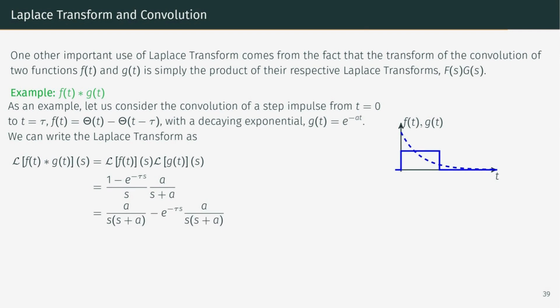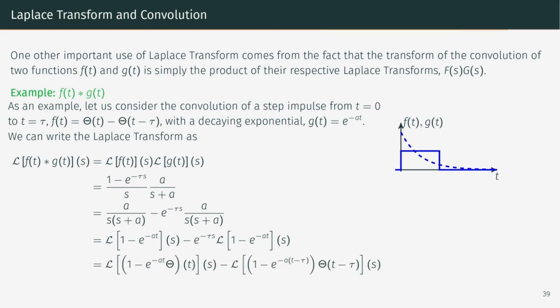And this then equals a over s times s plus a, minus e to the negative tau s times a over s times s plus a, which we can then write as the Laplace transform of 1 minus e to the negative at, minus e to the negative tau s times the Laplace transform of 1 minus e to the negative at.